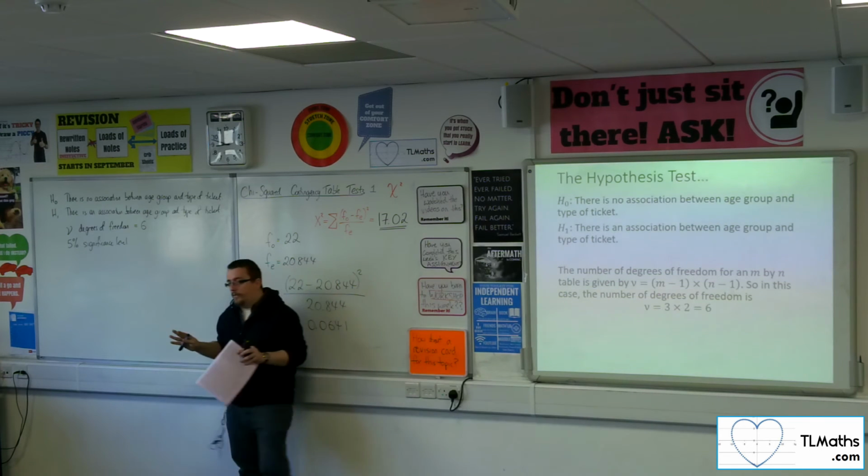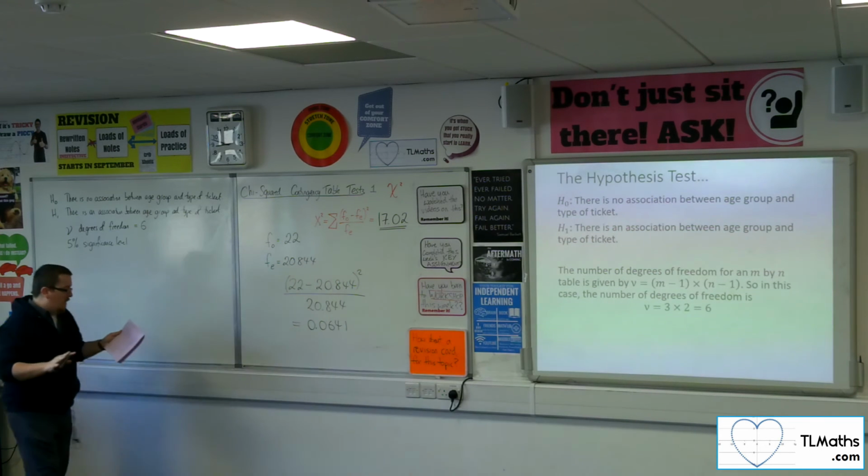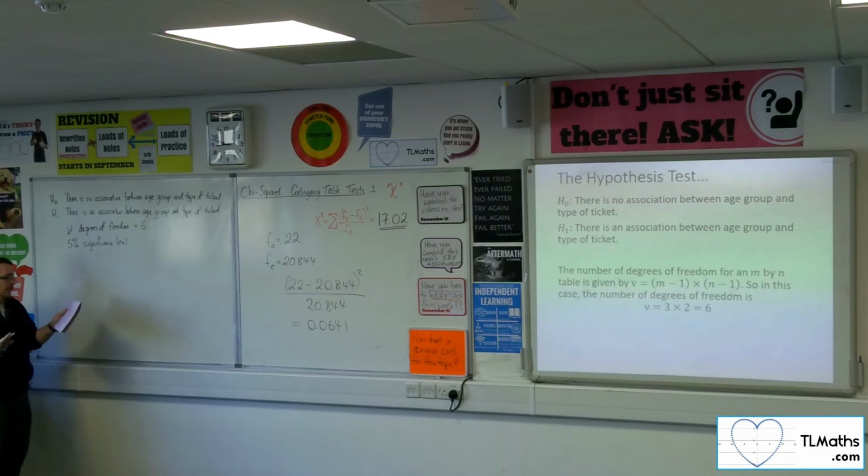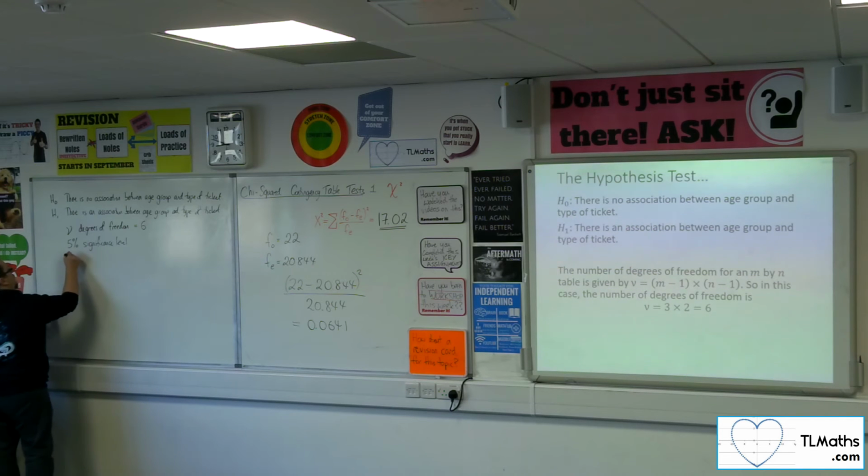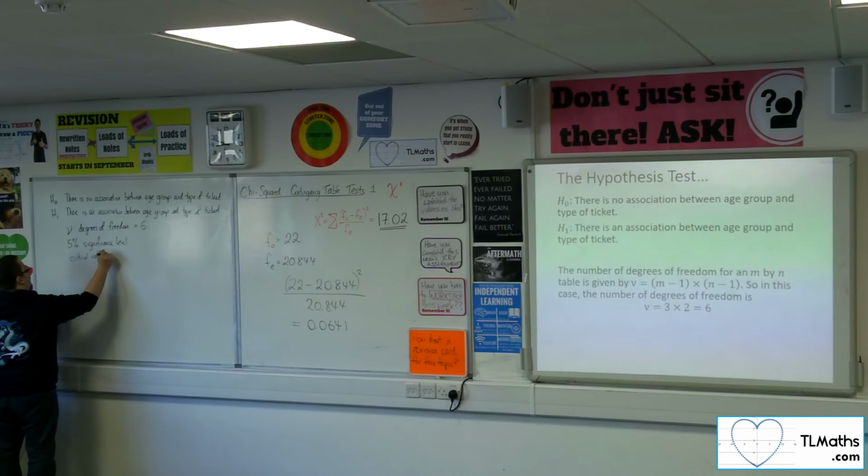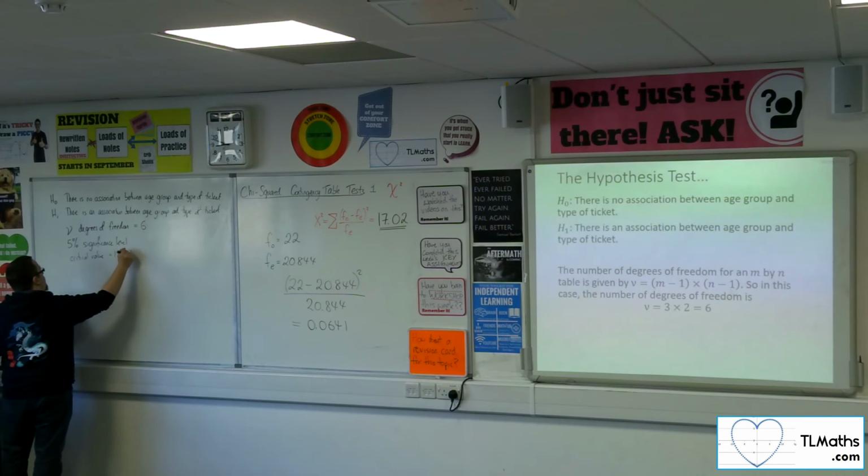You won't need those. We're only going to look at the right-hand side set of values. So you look at the 5% significance level, you go down to nu is 6, and that's 12.59. So the critical value is 12.59.